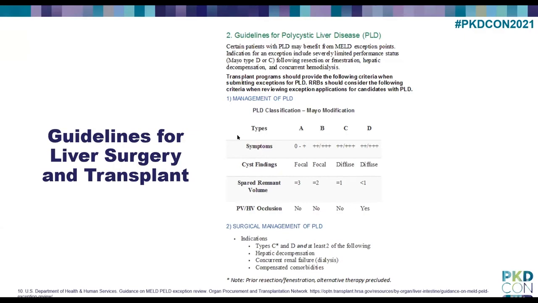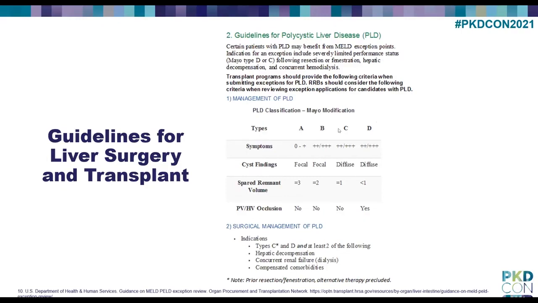And for people who are coming up to being listed for transplant, for those exceptional people who also have very large livers, there's something called MELD exception points for polycystic liver disease.